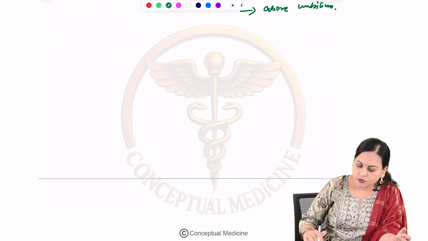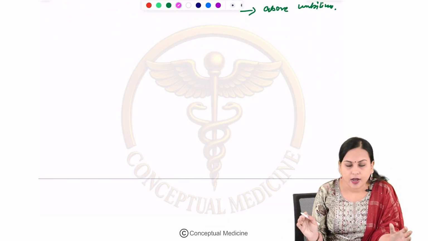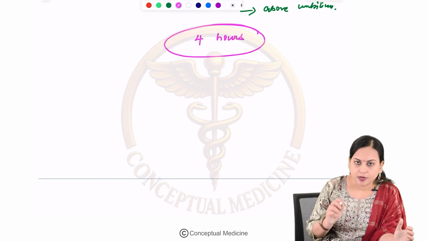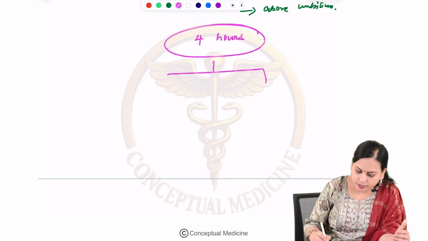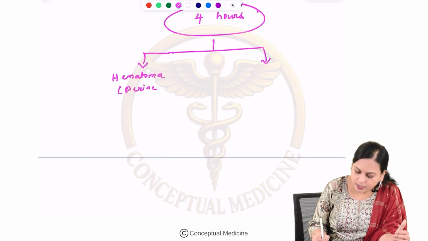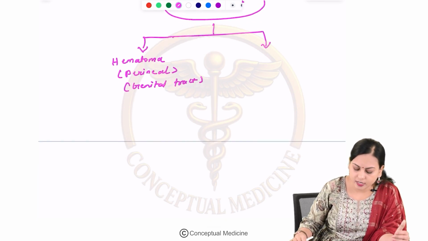Okay. So, after delivery you have to check the woman if she has voided within 4 hours after delivery. Suppose if she has not voided, then you have to check for two things simultaneously. Number one, you have to check for hematomas, especially any perineal hematoma or any hematoma in the genital tract, also by using a speculum, right.